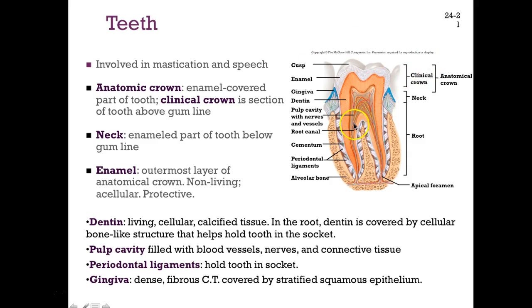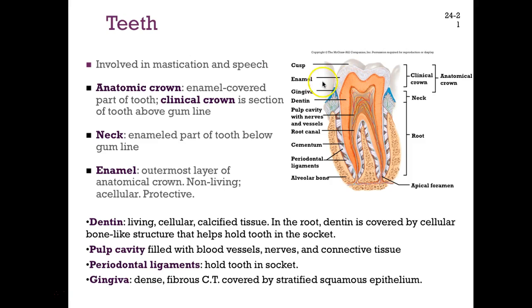Below that, you may be wondering, what is this orange portion in here? That is called your dentin, and this is living cellular calcified tissue. So you want to stop the cavity. If you start to see cavity going through the enamel, you want to stop them from getting to this layer because it is live and has an important role in holding the tooth in the socket.